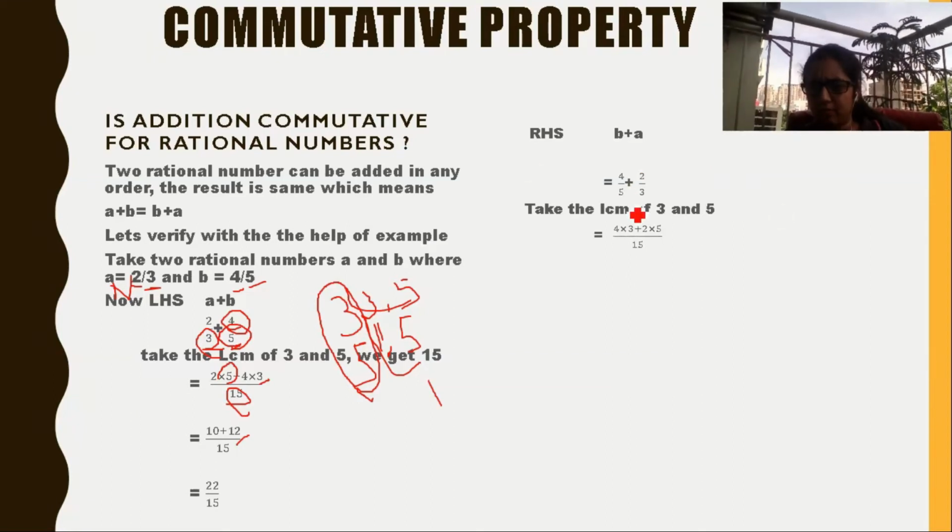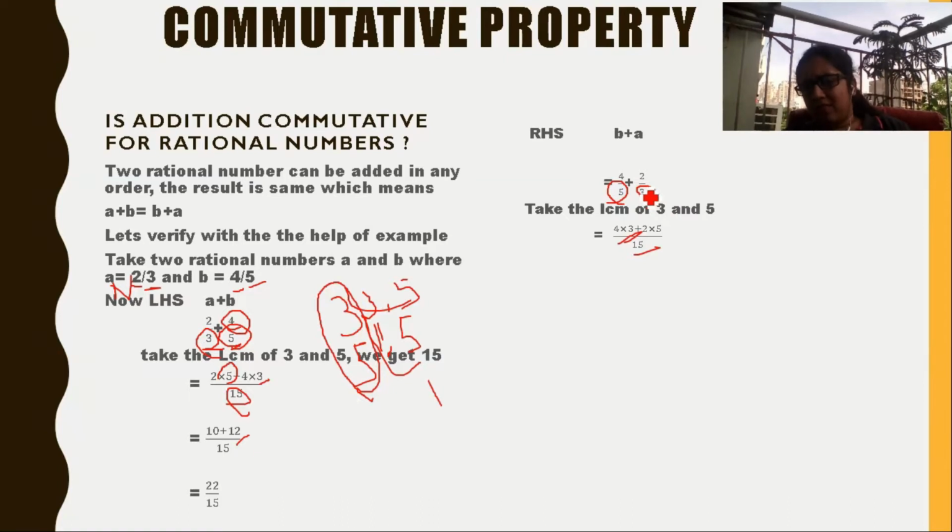When we divide 15 by 5, we get 3, and then this 3 should be multiplied by this number 4, so 4 into 3. And plus, again we will divide 15 by 3, the denominator.